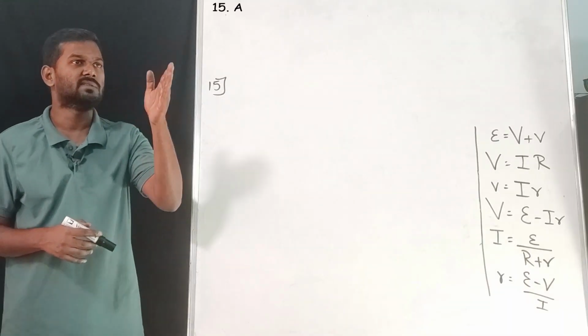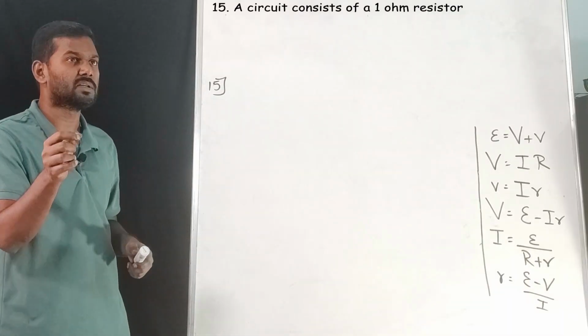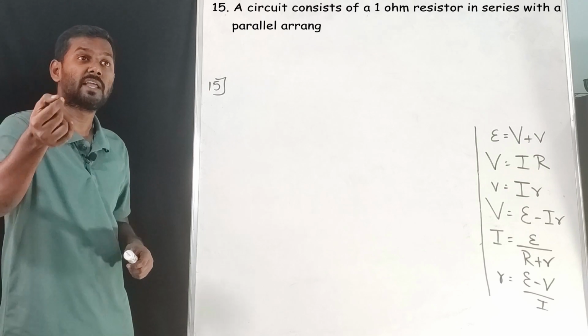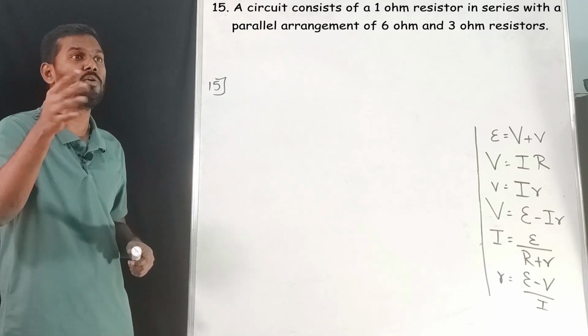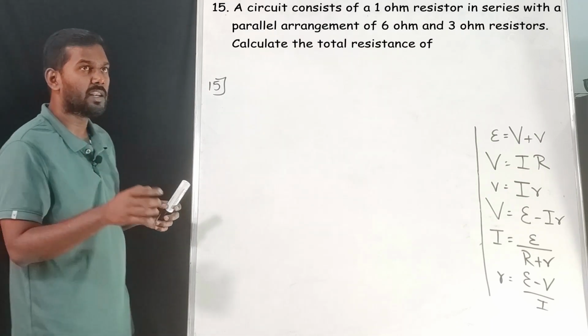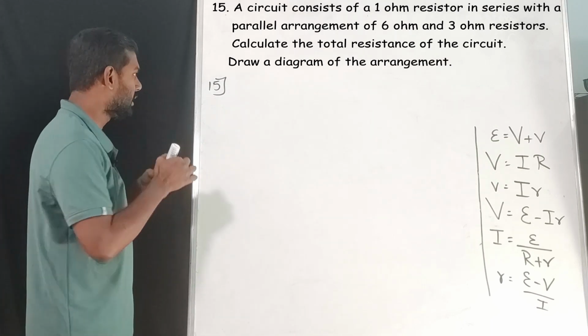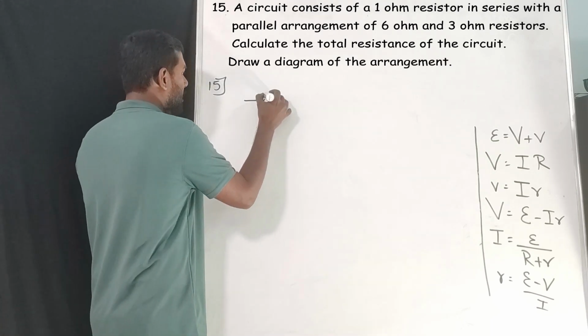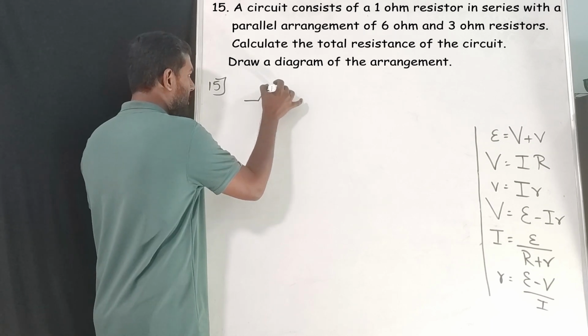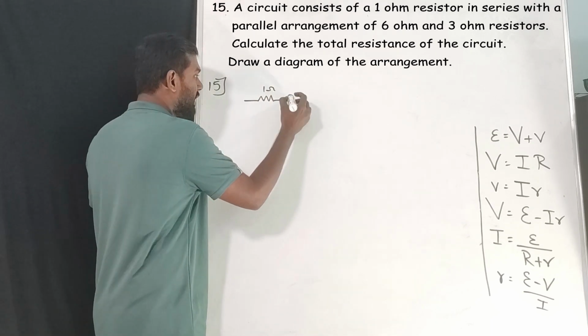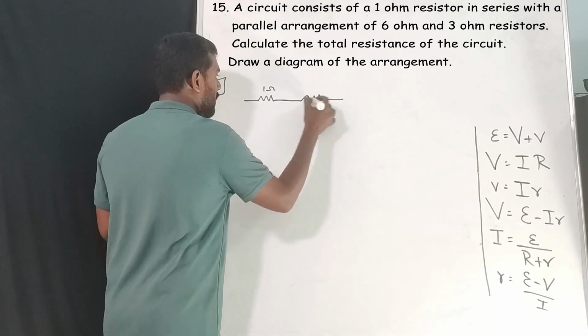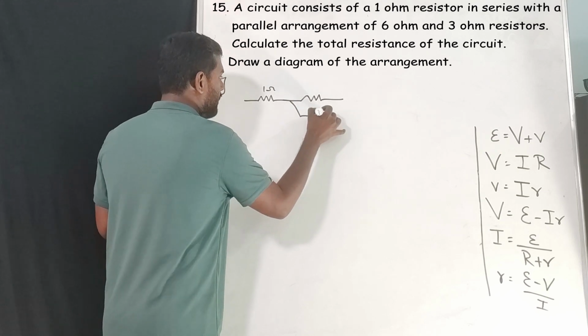Question number 15. A circuit consists of 1 ohm resistor in series with parallel arrangement of 6 ohm and 3 ohm resistors. Okay, first they are telling 1 ohm resistor in series with 3 and 6 ohm in parallel. I'll write the diagram. See, 1 ohm resistance, it is in series with 2 different resistors.